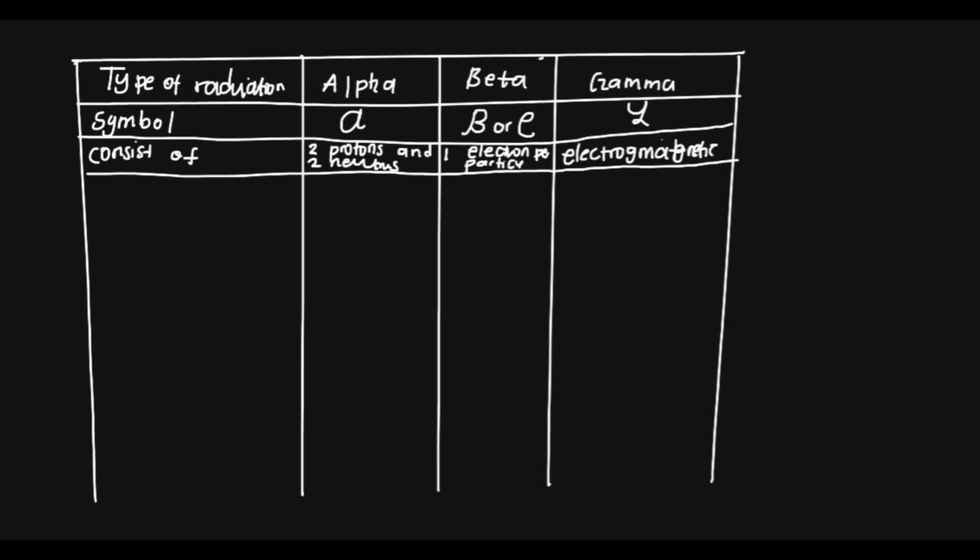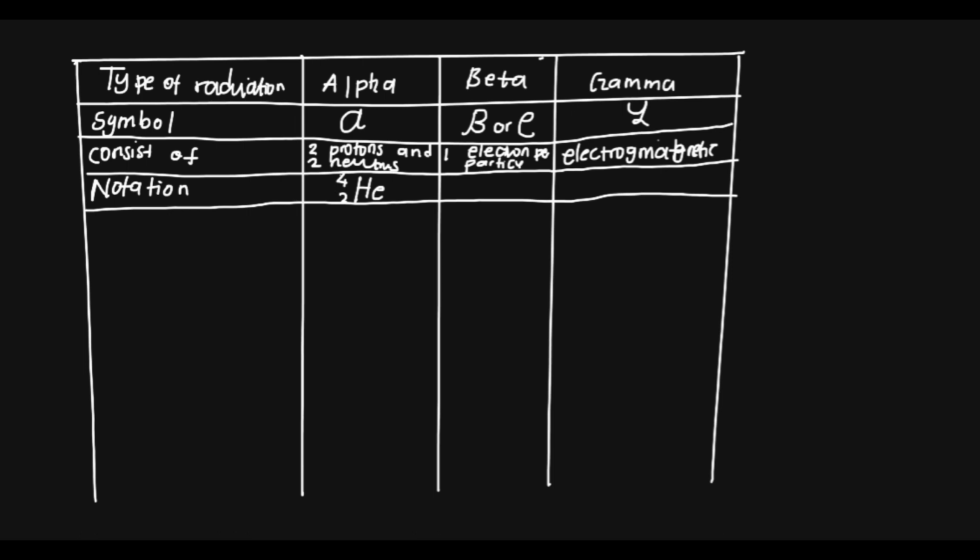Now, after we look at what it consists of, we'll look at notation. Now, notation is the symbol that shows what radiation or what particle the element has emitted. For instance, if we want to show that an element has emitted alpha, what symbol are we supposed to write? So we use the symbol of the atom for helium, where we have the mass number 4 and the atomic number 2.